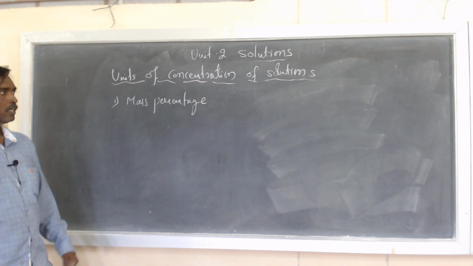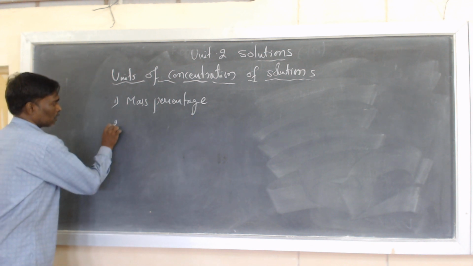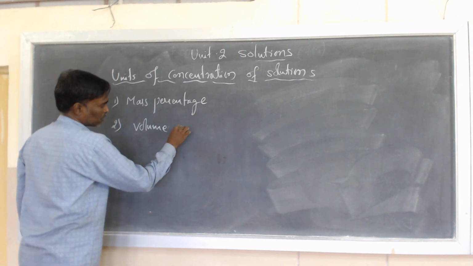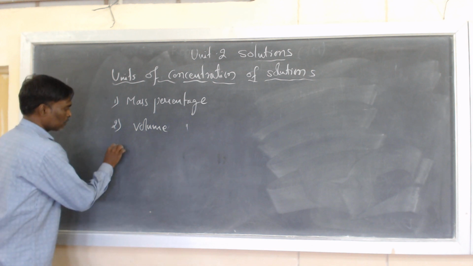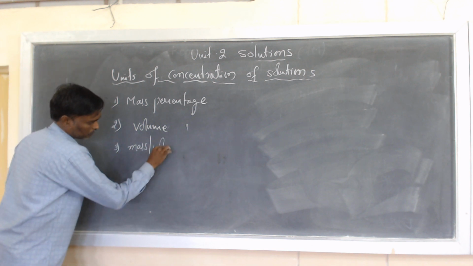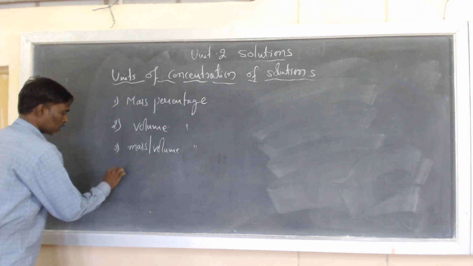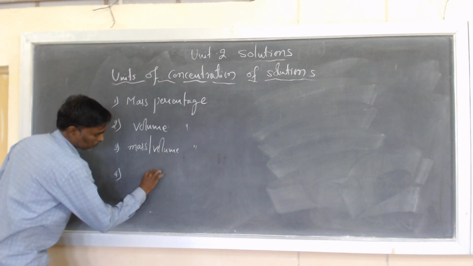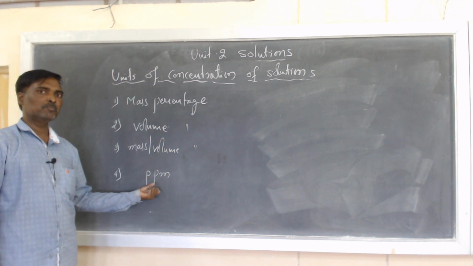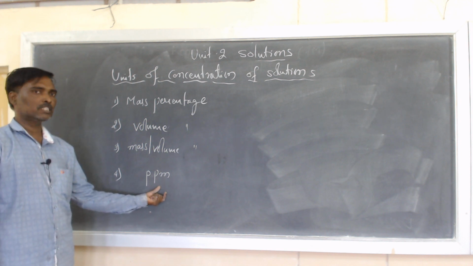The second one is volume percentage. The third one is mass by volume percentage. The fourth one is ppm, which is parts per million.